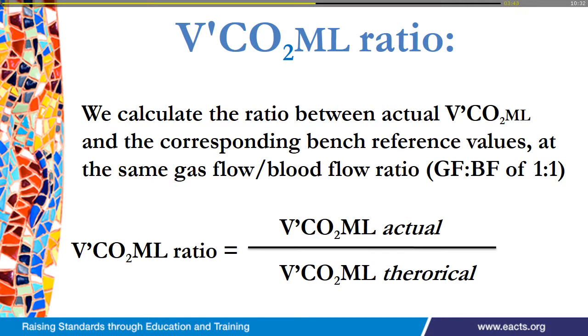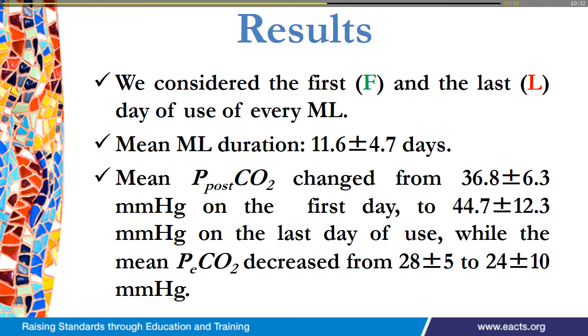Membrane lung function deterioration should be reflected by the ratio between V ml CO2 and the corresponding bench reference value at the same gas flow and blood flow, 1:1. As for the results, we considered the first and the last day of use of every membrane lung.